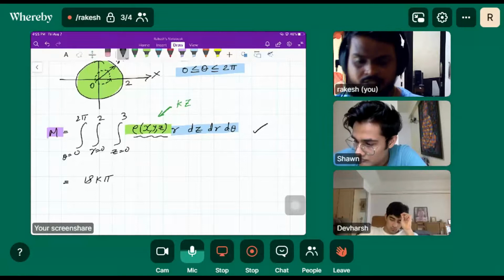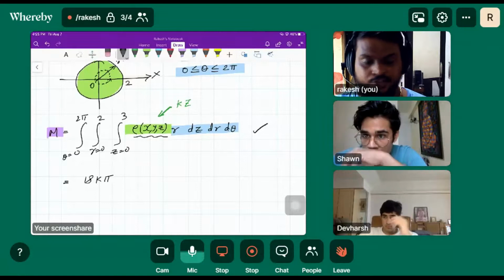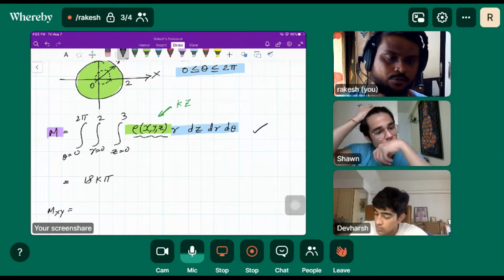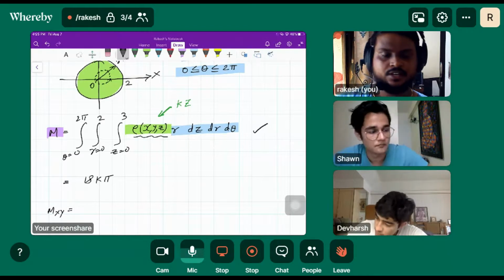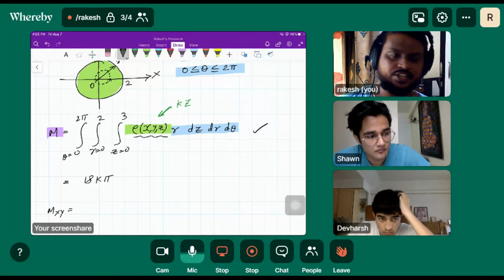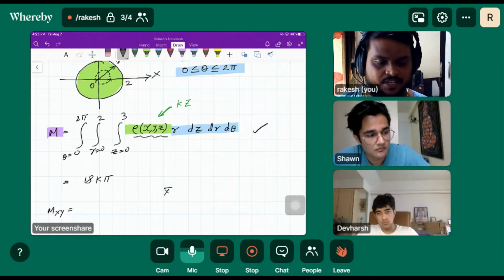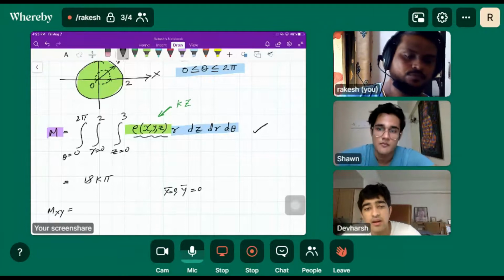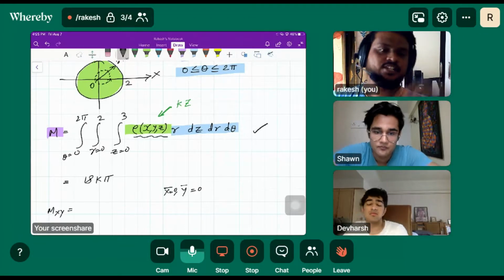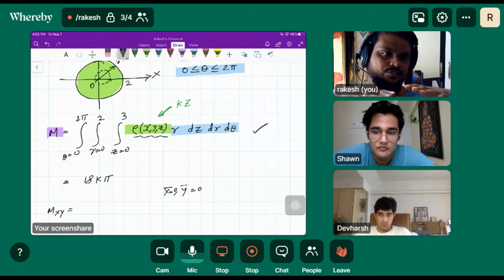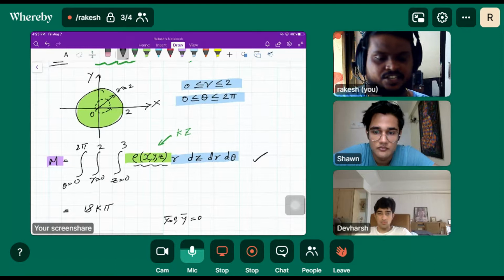And by the time, Dave, please do this also, mxy, the moment of mass about the z-axis, because let me explain this first. Why are we just calculating mxy? Because x bar, y bar is equal to zero, right? Both are zero, because you can see that the solid's mass density is evenly spread out, and this region is symmetric about the x and y axes.